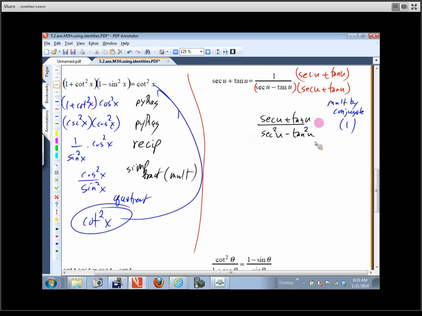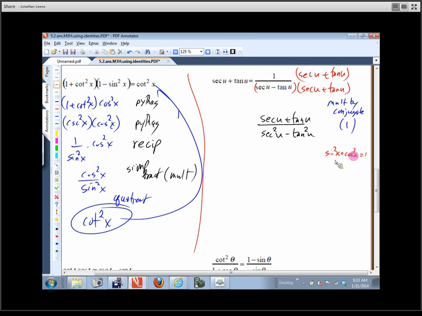Does any part of this look familiar? Trig function squared, right? Might be a Pythagorean identity. It is. If you think of the original one, and I need a tangent, that's the way I like to think of it.